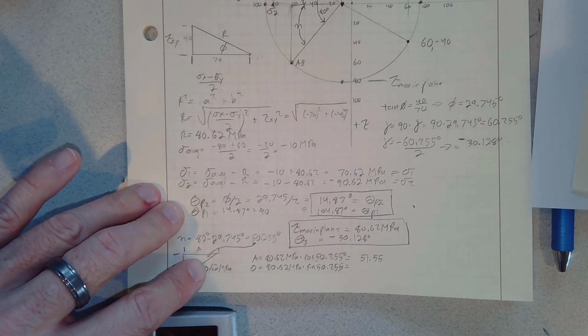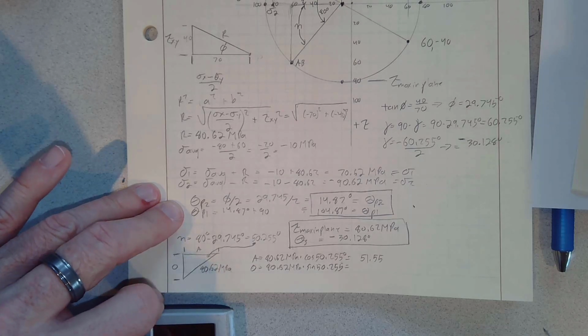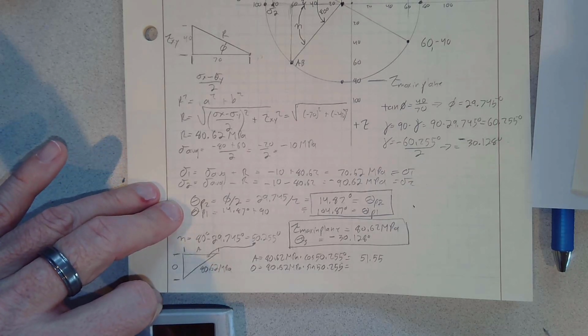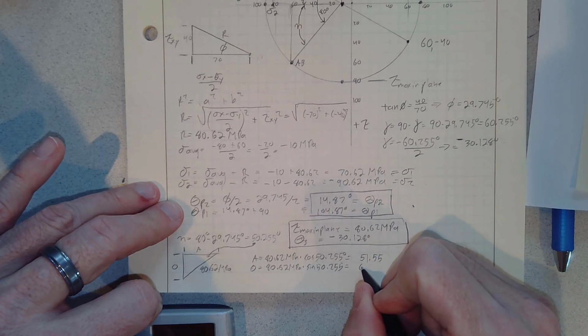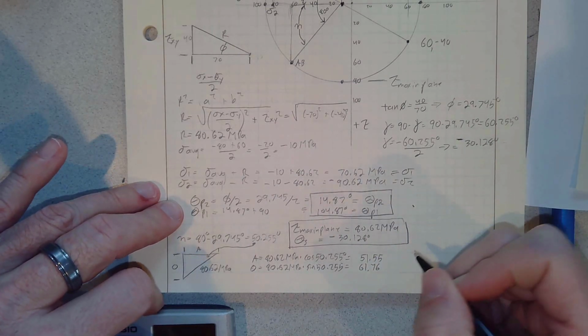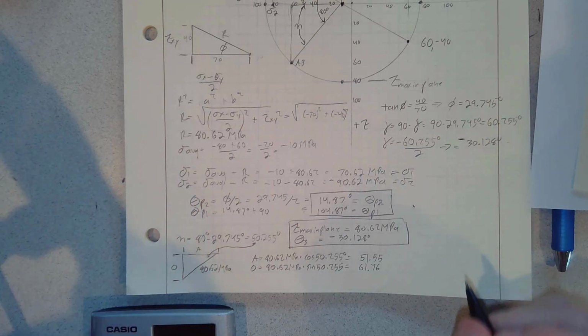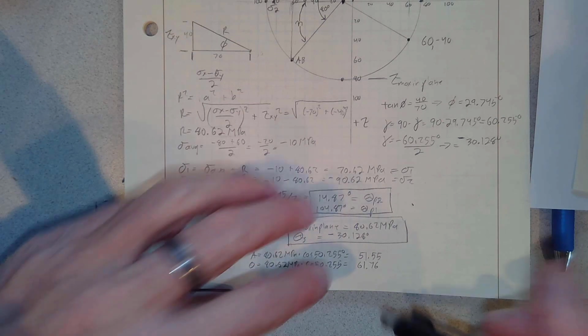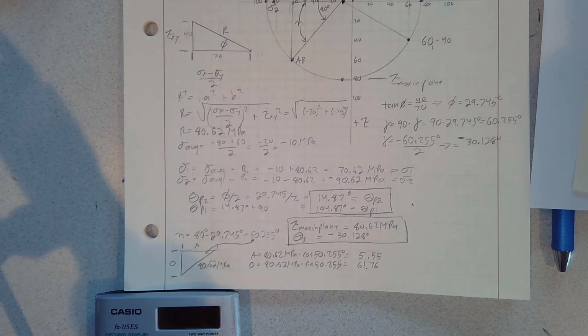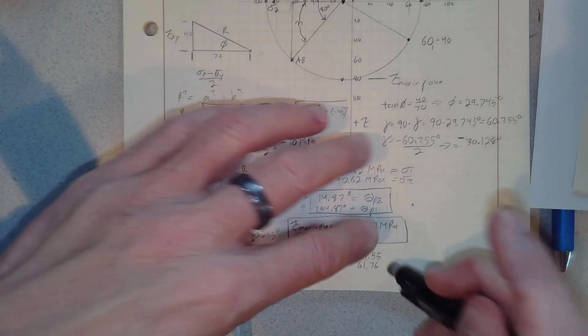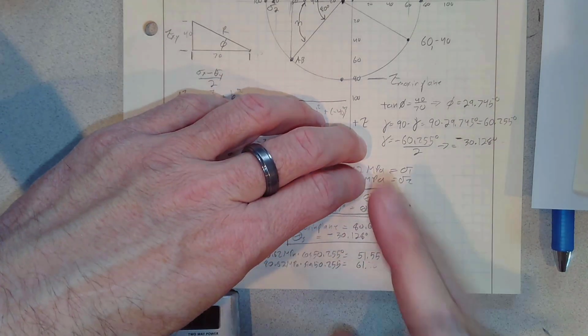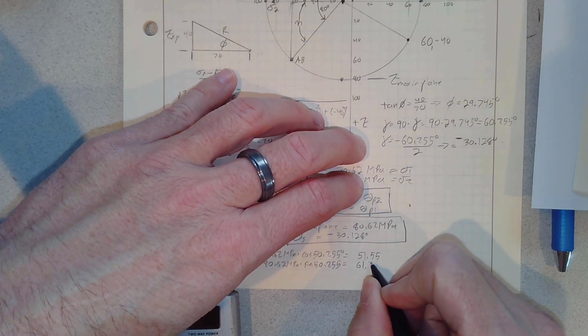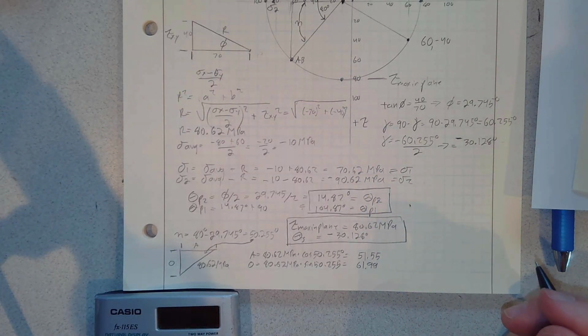And for the opposite, 80.62 times sine of 50... Oh, I forgot the 50.255 again. Sorry about that. Redo that one. 80.62 times sine of 50.255. There we go. That number rings more true from our other ones. 61.99 basically. Okay, so we're almost done.